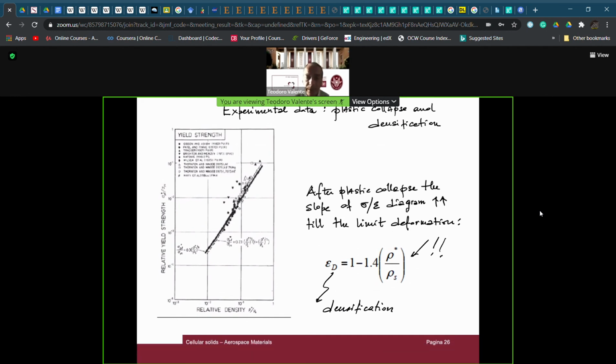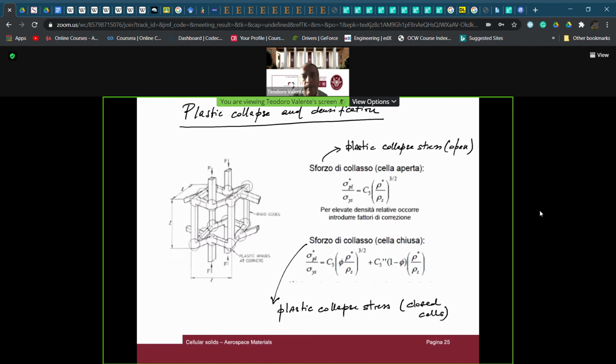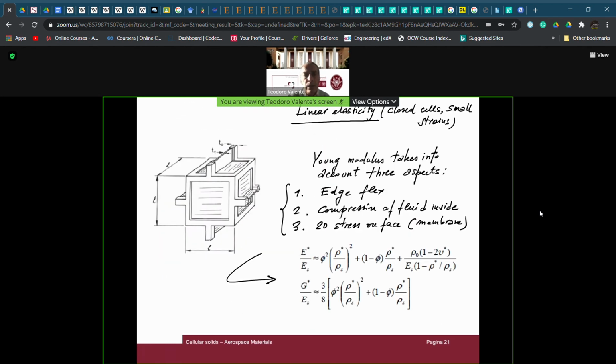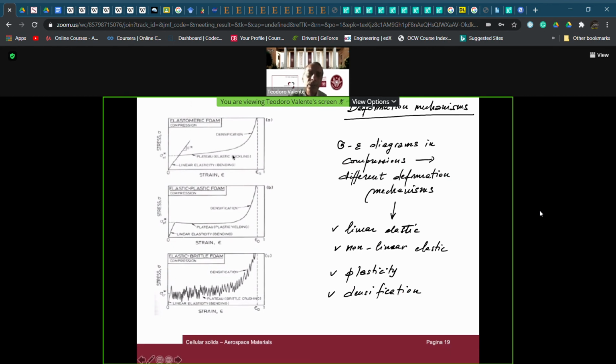What is going to happen after the phase of extended buckling and the phase of extended plastic deformation is that the densification due to the progressive deformation of the cellular solid is going to be shown.